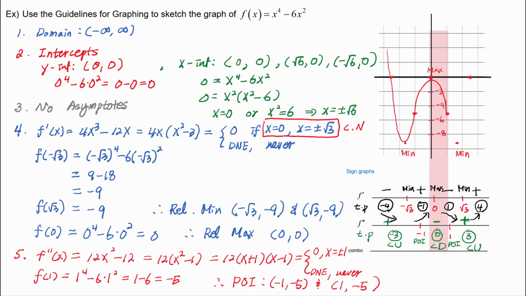So it's an umbrella shape. Because this is a point of inflection, the concavity changes to positive from 1 to infinity. So I'm going to have a cup shape from 1 to infinity, decreasing from 1 to radical 3 and then increasing from radical 3 to infinity. And your graph will look like that.